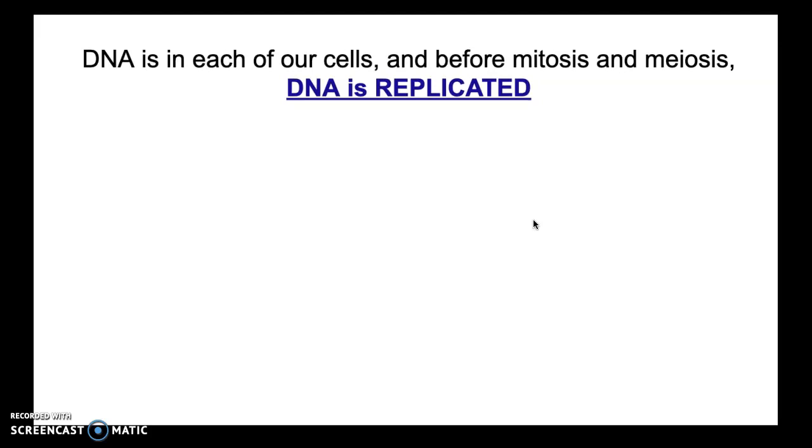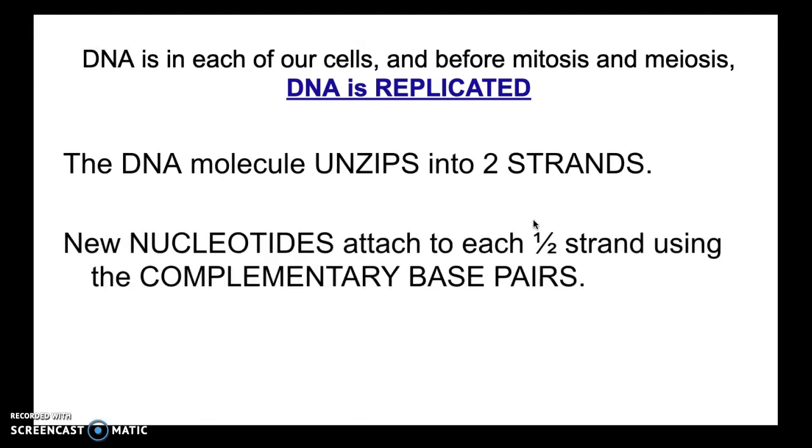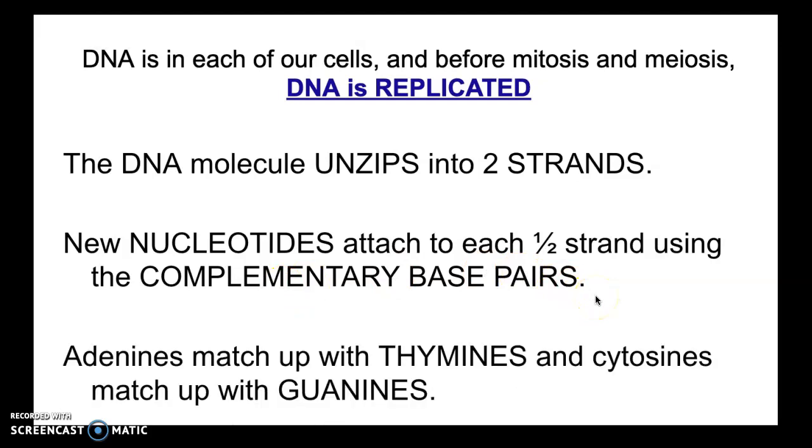DNA is in each of our cells, and before mitosis and meiosis, we know that DNA is replicated, right? Because we know that chromatin condenses into chromosomes. DNA is going to unzip into 2 strands. New nucleotides will attach to each half strand using the complementary base pair and the rules.